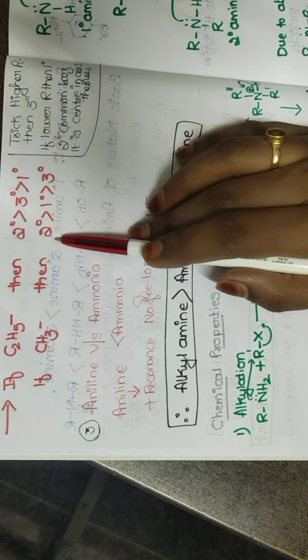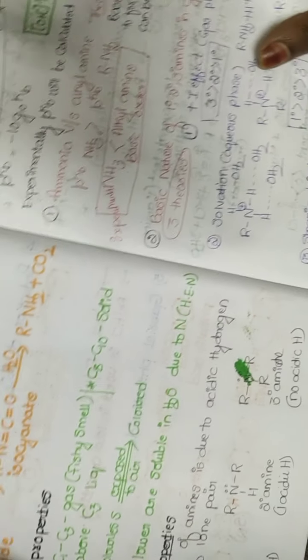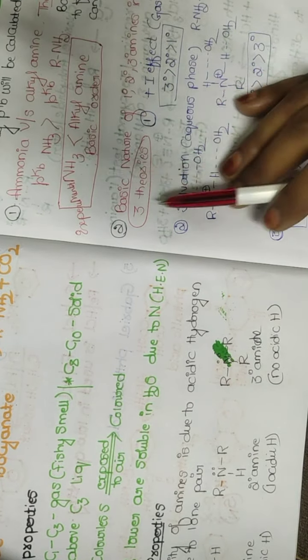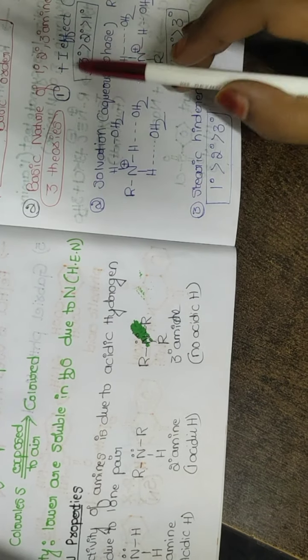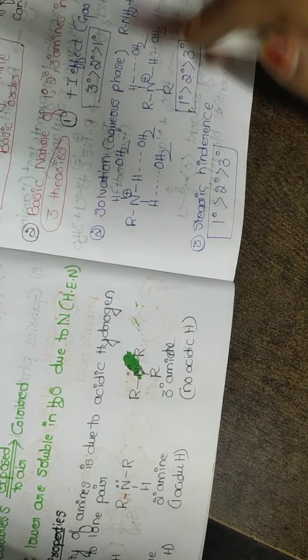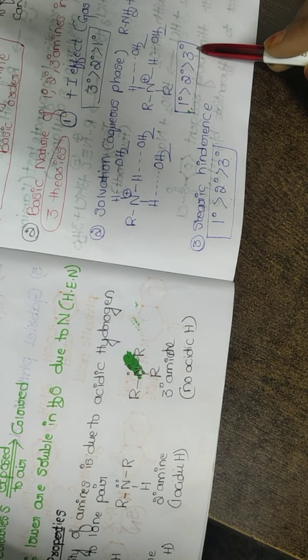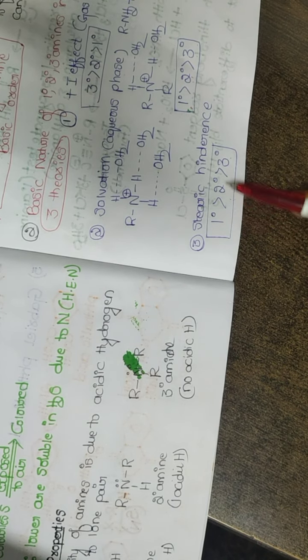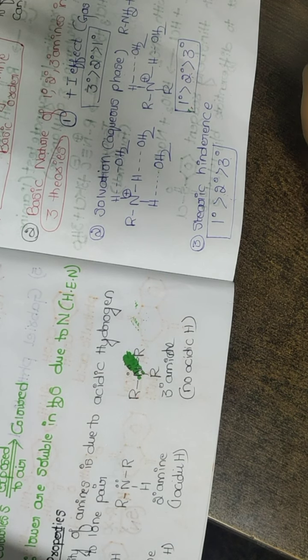Why is secondary common in both? Because in case of inductive effect, it was tertiary, secondary, primary. Solvation, primary, secondary, tertiary. Steric hindrance, primary, secondary, tertiary. In all the three effects, secondary is in the middle, so it will dominate.